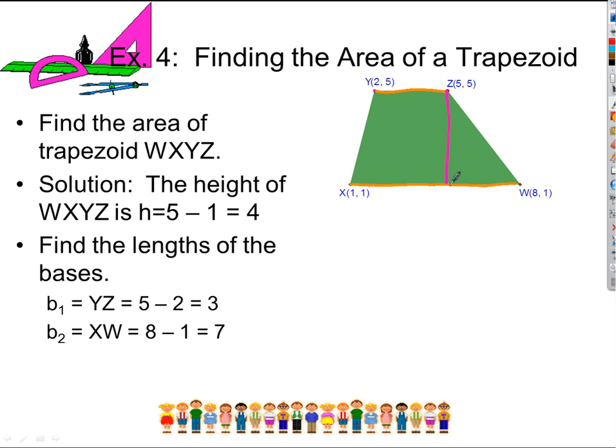Do I need the distance formula? How come? What's the length of that top orange segment? It's not very straight. Pretend it is. 3. How'd you get 3? Okay, if we were to use the distance formula, it would work. But notice that the y coordinates are the same, right?